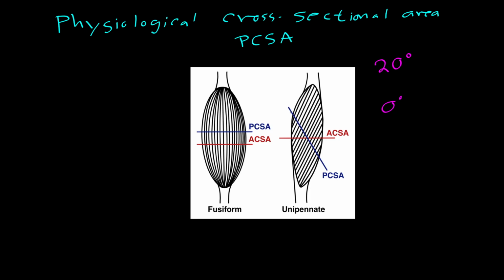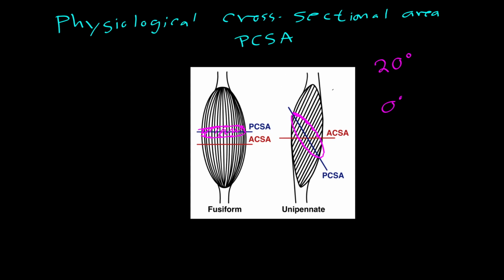Notice how even though the anatomical cross-sectional area might be very similar between this muscle and this muscle, the physiological cross-sectional area, if you imagine this is like a disc, could be much bigger than this slice right here. So the idea is that by orienting muscle fibers at an angle, you can pack more of them in parallel in a given amount of space.